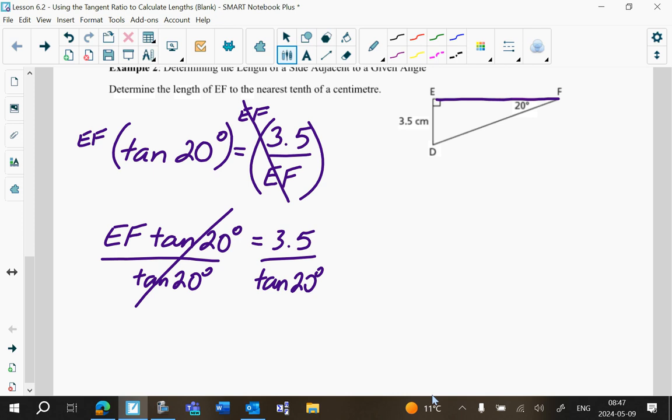So in this case, I'm ready to use my calculator now because I got EF by itself. I do 3.5 divided by tan 20 and round it correctly to 1 decimal place. 9.6 centimeters.